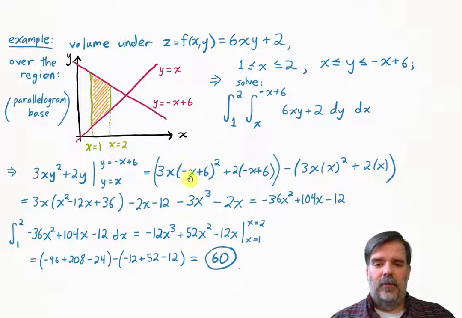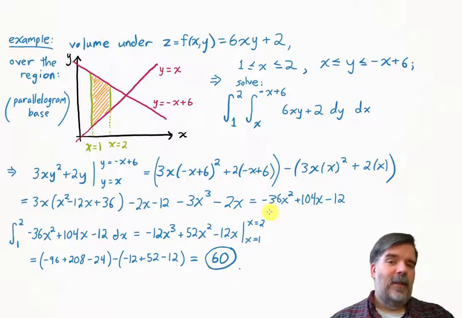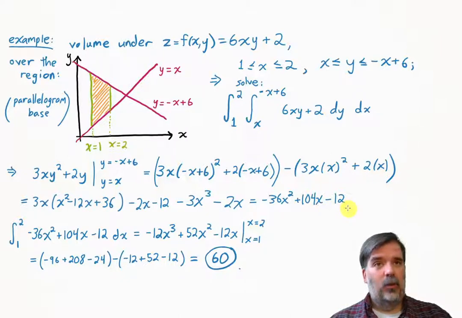Then we're going to have to distribute this through and expand all these terms. For instance, squaring negative x plus 6 gives us this. We have to distribute through. And when you're finally done combining like terms, I think you'll find negative 36x squared plus 104x minus 12. This is the function we want to integrate next.